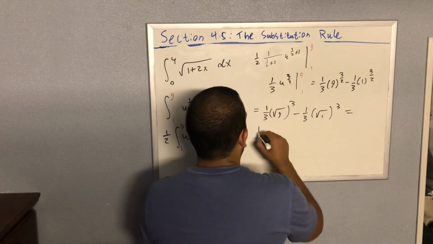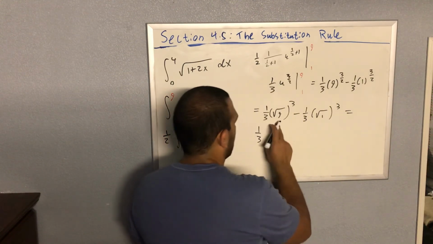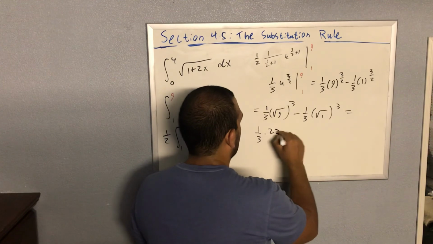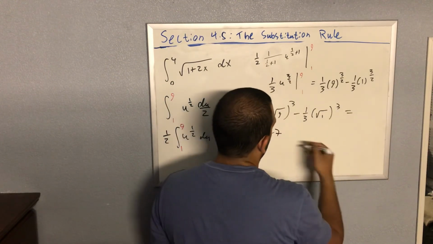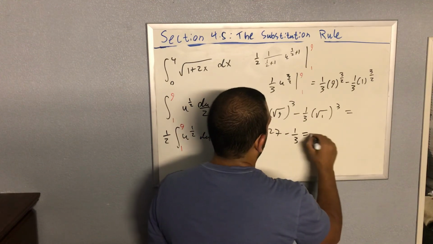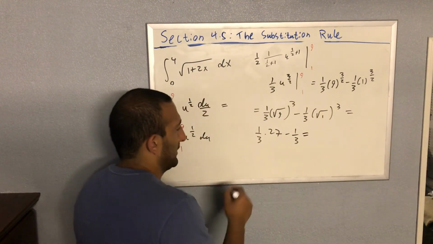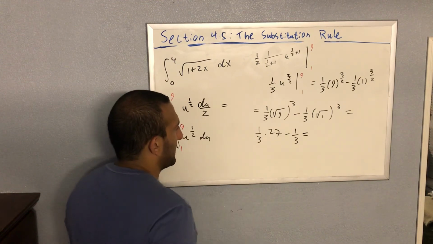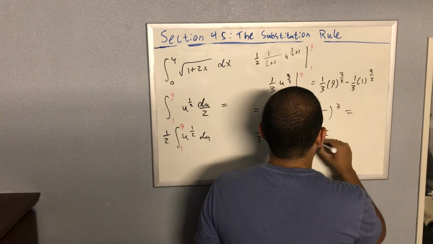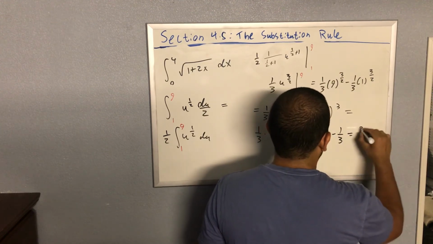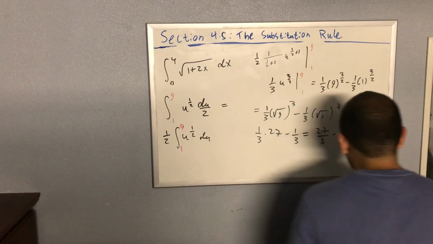The square root of 9 is 3. So when you cube 3, you get 27. And then this is just 1, right? Square root of 1 is 1, cube it, you get 1. So minus 1/3. So let's just write this as 27 over 3 minus 1 over 3. So this is 26 over 3. Final answer.